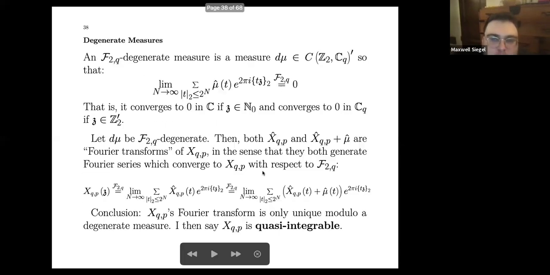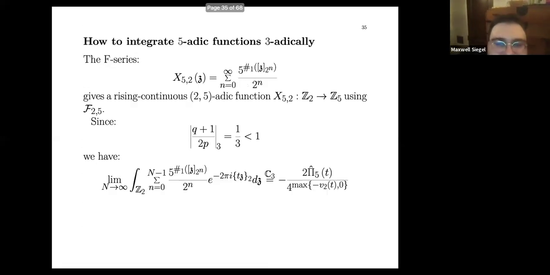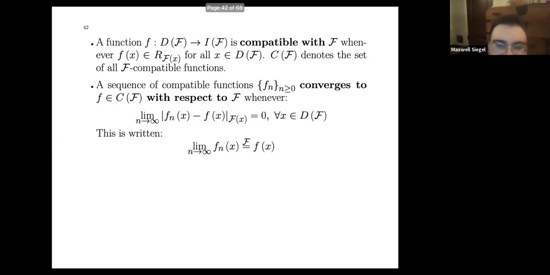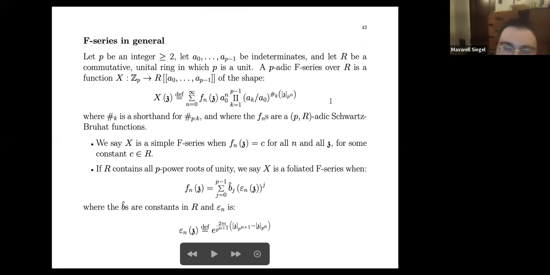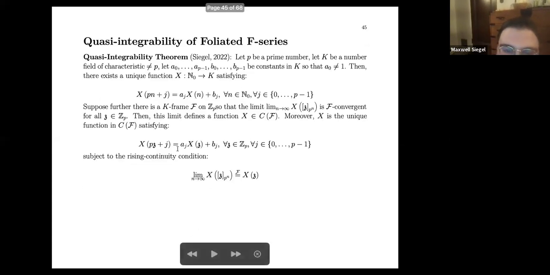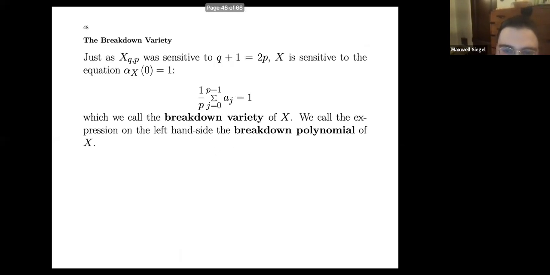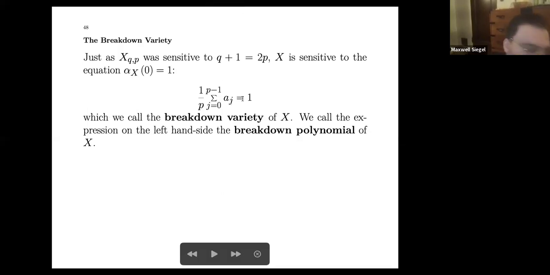Though in this case, remember when I originally defined an F series, the definition that I gave was that we're treating it as a ring of formal power series. And so these constants here, the A's, and likewise, in this case, the B's, we can think of as formal quantities. When the A_j's and B_j's are formal indeterminates, the breakdown variety ends up being this thing.